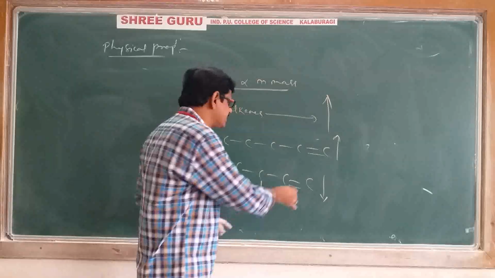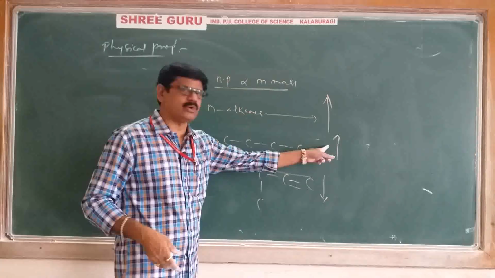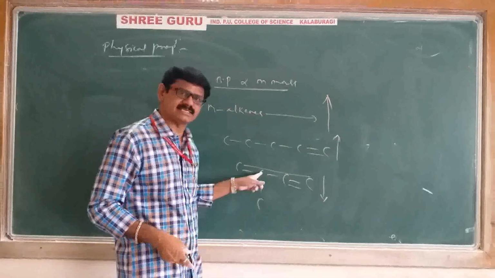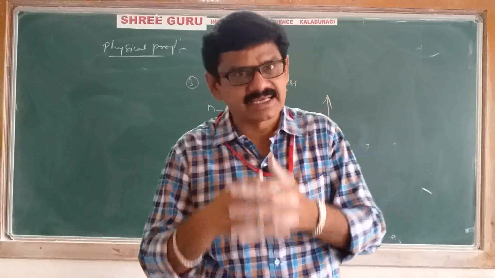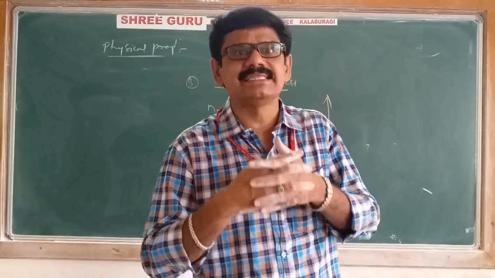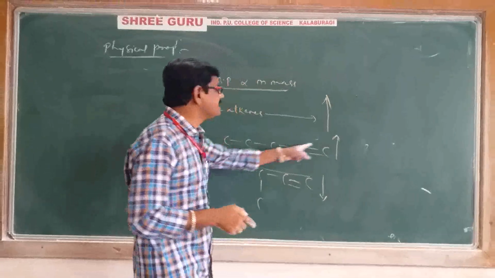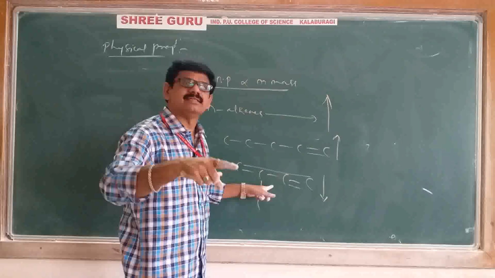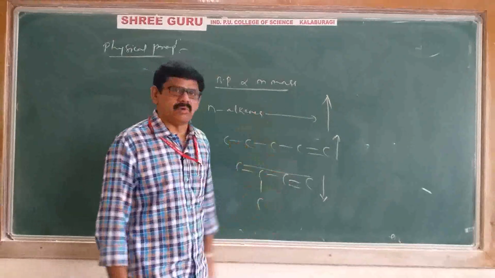If a branch is there, definitely surface area decreases. Here surface area is more, but here surface area is less. If the surface area is less, intermolecular attraction forces decrease. Because of the decrease in intermolecular attraction forces, boiling point decreases. That's why n-alkenes have a higher boiling point than branched alkenes. Okay, this is about boiling point.